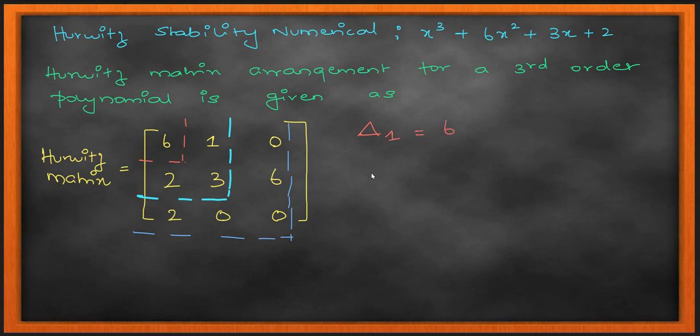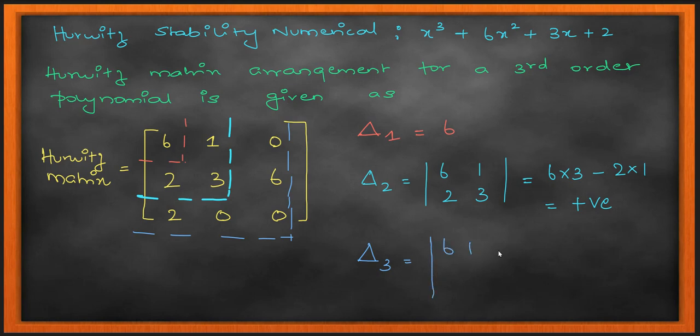Finally the third row has only the final constant value, that is 2, and the other entries are 0. Now the three determinants that can be computed from this 3 by 3 matrix are shown here. Let us see whether all the determinants are positive. The condition for Hurwitz stability is that determinants delta 1, delta 2, and delta 3 must be positive.